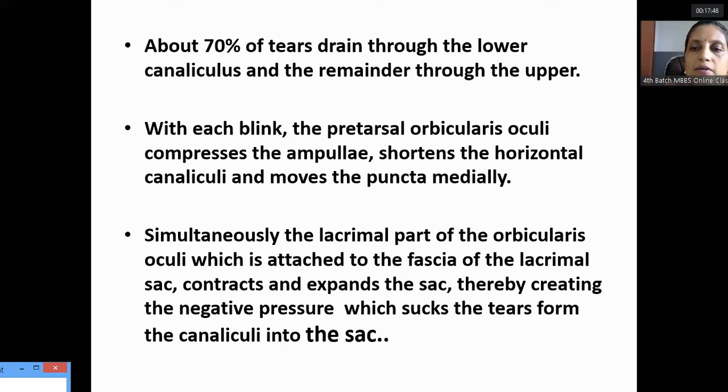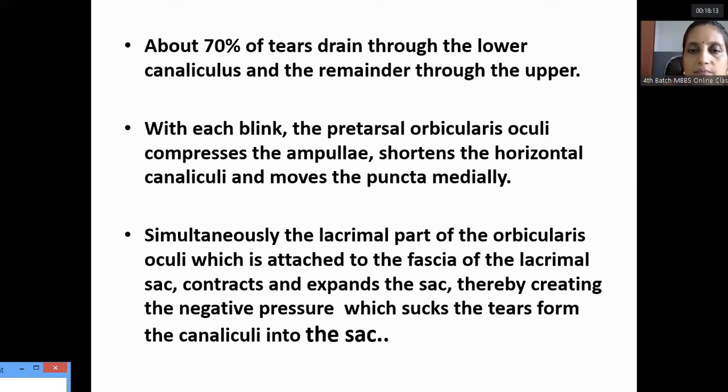Simultaneously, the lacrimal part of the orbicularis oculi, which is attached to the fascia of the lacrimal sac, contracts and expands the sac, thereby creating negative pressure, which sucks the tear from the canaliculi into the sac.